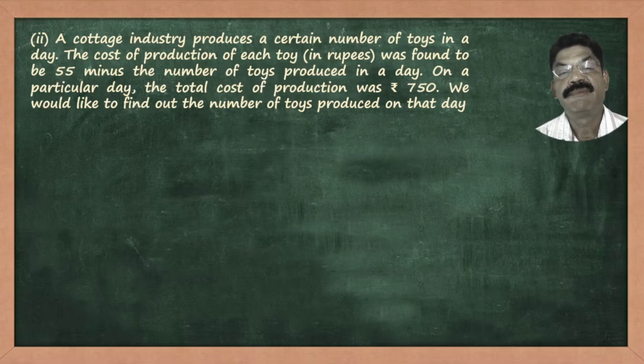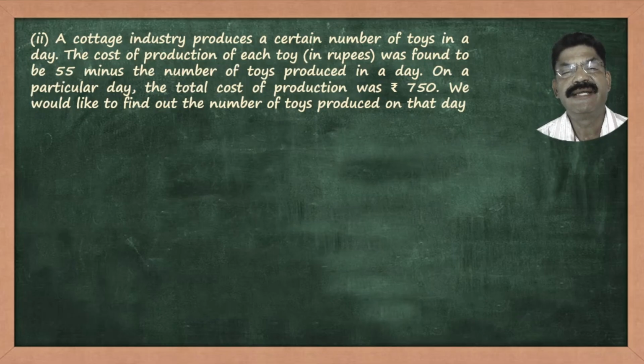You read the problem carefully. We have to construct a mathematical model representing this situation. A cottage industry produces toys. The cost of production of each toy was found to be 55 minus the number of toys produced in a day.